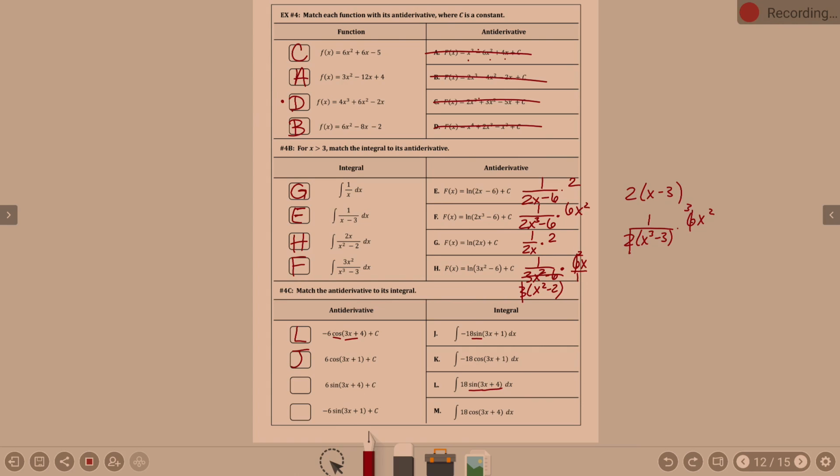And then M and K. So now sine has to go with cosine, 3x plus 4 matching. So M and then K. Okay.